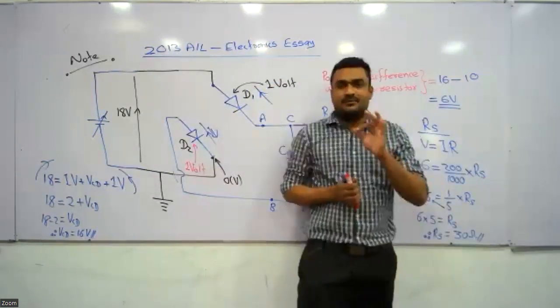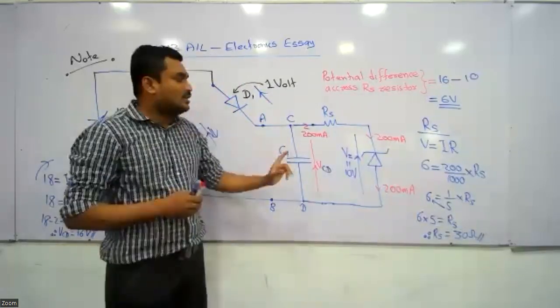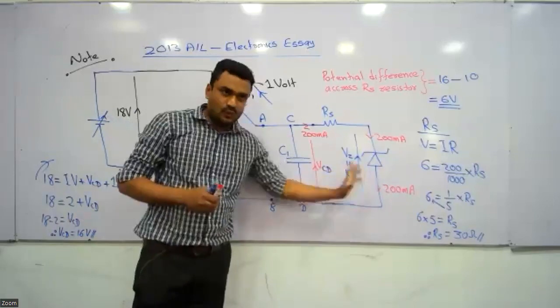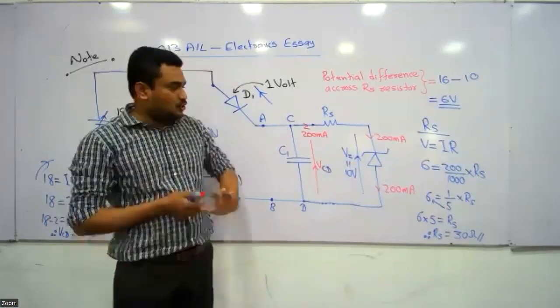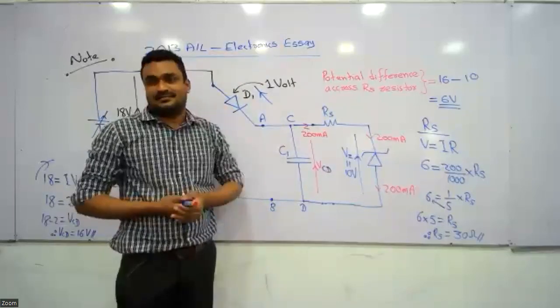So when you calculate the safety resistor, you should consider that all the current flows through the Zener diode, and you should consider the maximum voltages and maximum currents.